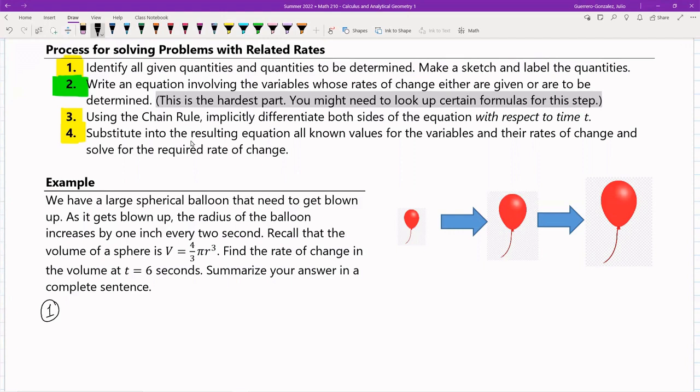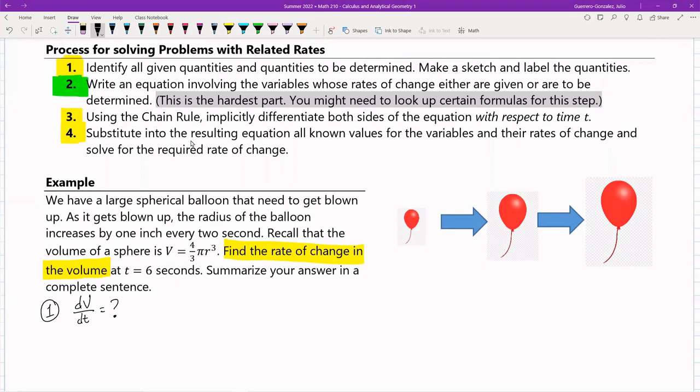That means the question is asking, find the rate of change in the volume. So essentially, we are looking for dV over dt. This is going to be my question mark. This is what we're trying to find.